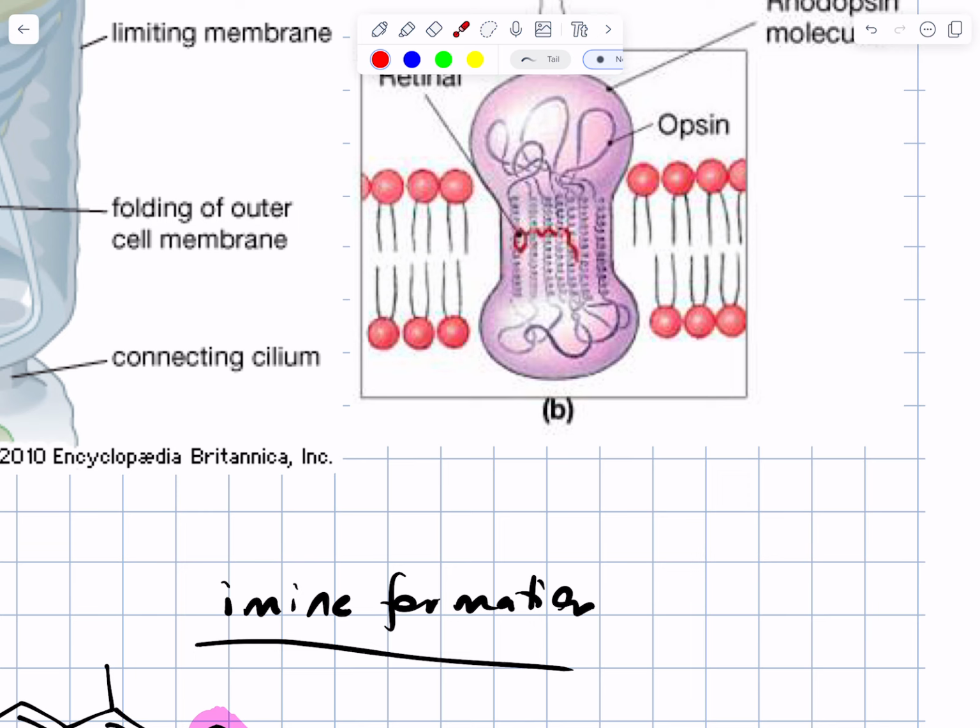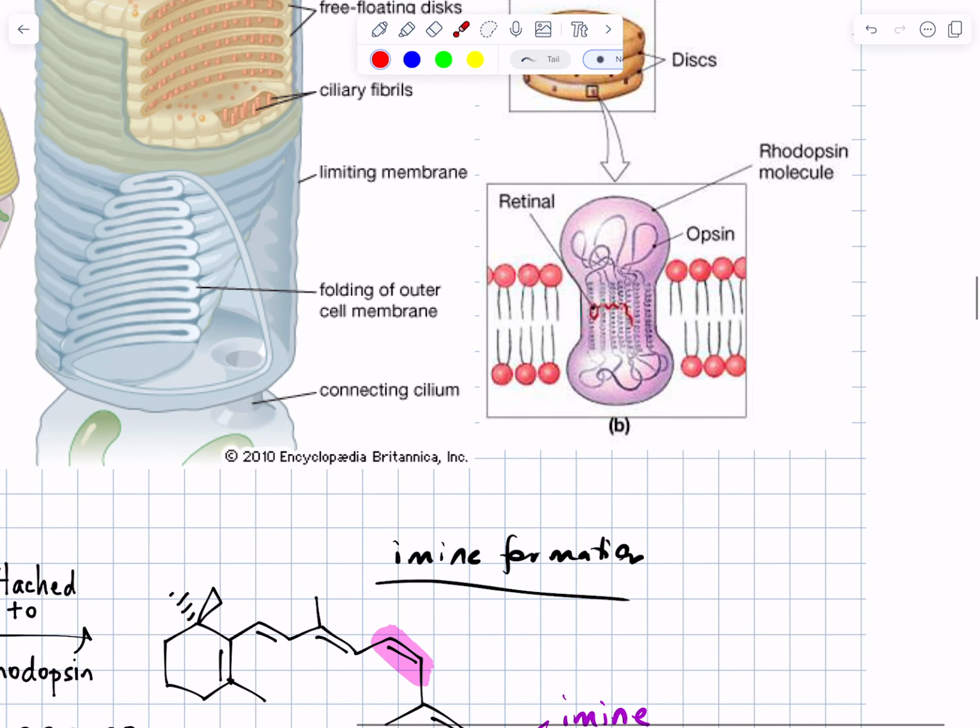So if you've ever stared at a light for a long time and then seen an afterimage, this is related to the fact that you've just exhausted the rod and cone cells in that particular part of your retina. They need a little bit of time to catch up and reload their 11-cis-retinal. You can learn more about that in neuroscience and physiology, but there's HOMO, LUMO, OChem going on there, and don't let anybody ever tell you any different.